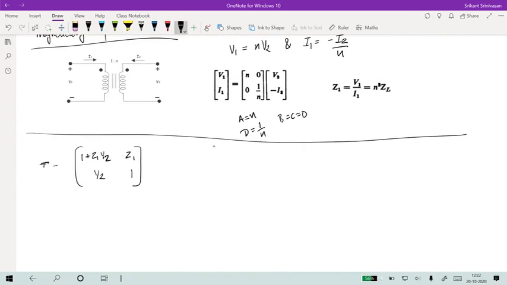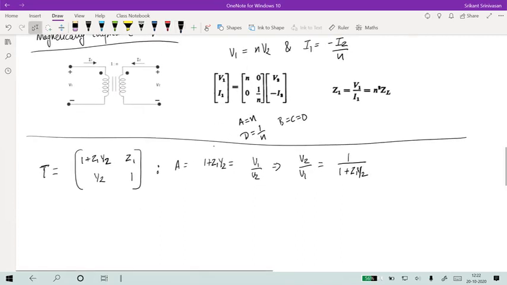The A term is the voltage transfer ratio, right? So here A is 1 plus Z1 Y2, which is equal to V1 by V2. So if I wanted V2 over V1, which is the voltage transfer ratio, then that's 1 by 1 plus Z1 Y2.